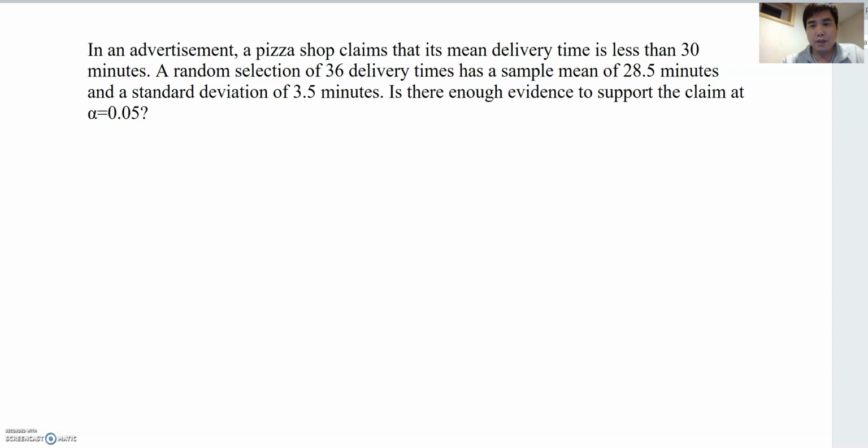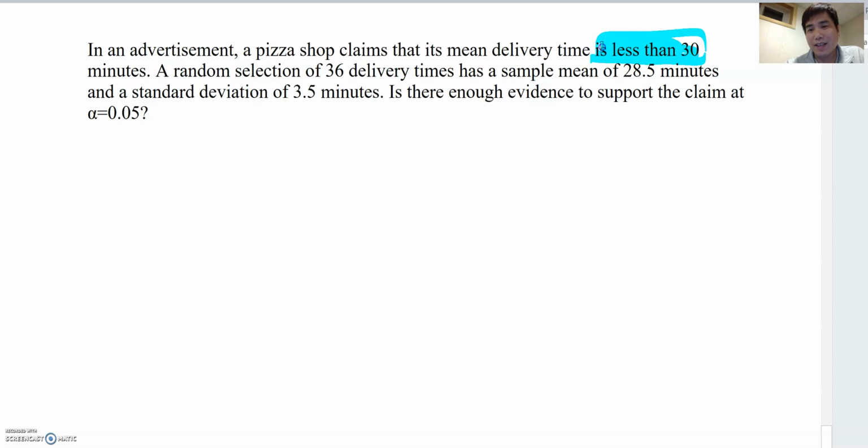Now, is it one tail or two tail? If you see any inequality phrase, then it will be one tail, such as less than, more than, at least, at most, something like this. As you see, this one has less than 30 minutes.